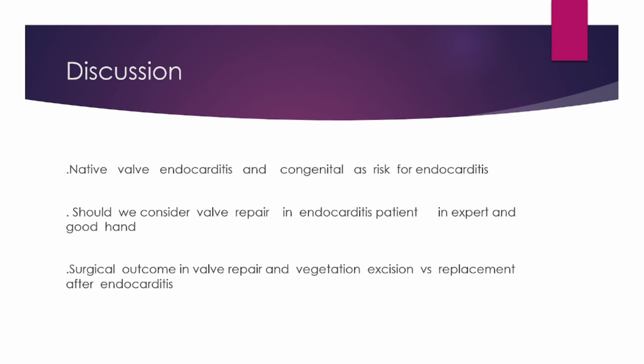I'm not sure. There is data about right-sided heart valve repair, but we don't have really good data about vegetectomy in the left-sided heart. And the other thing is the outcomes of vegetectomy or excision of vegetation surgically post-endocarditis. What is the data about it and what is the outcome?